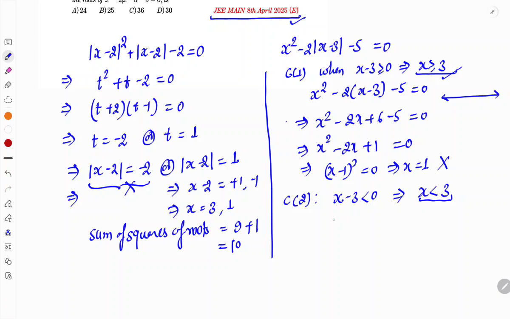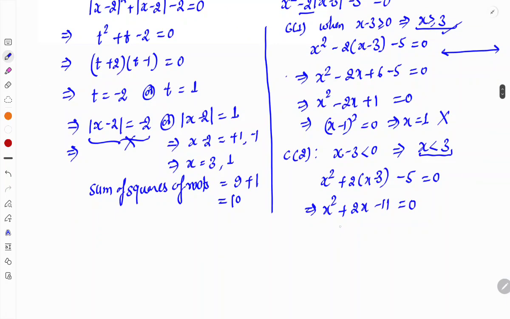What can be the solution? Here the mod opens with the negative sign, and the negative becomes positive: x^2 + 2(x-3) - 5 = 0. From here we get x^2 + 2x - 11 = 0. The discriminant is b^2 - 4ac = 4 - 4(1)(-11) = 4 + 44 = 48, greater than 0, meaning its roots are real.